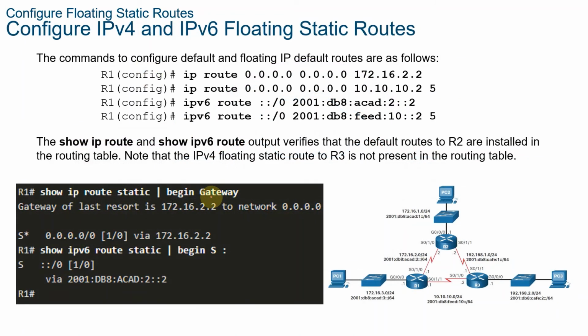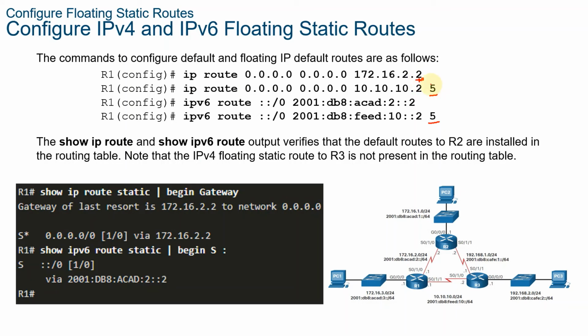Okay, so how about configuring IPv4 and IPv6 floating static routes? IP floating static routes are configured by using the distance argument to specify an administrative distance. So take note that earlier on, in the configuration of our static routes, we did not specify the administrative distance.